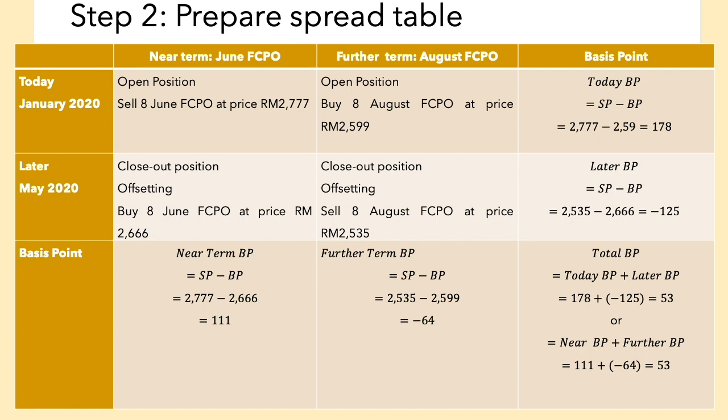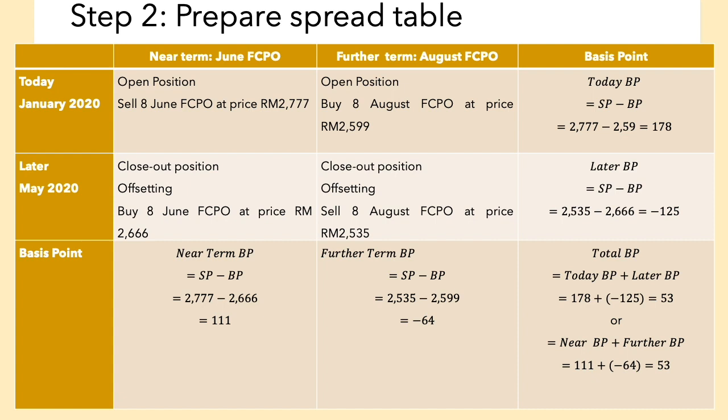So if you calculate based on time, then selling price minus buying price. If you look at today's row, the selling price is at 2777 and your buying price for today is at 2599. So your basis point for today is 2777 minus 2599. You get 178.